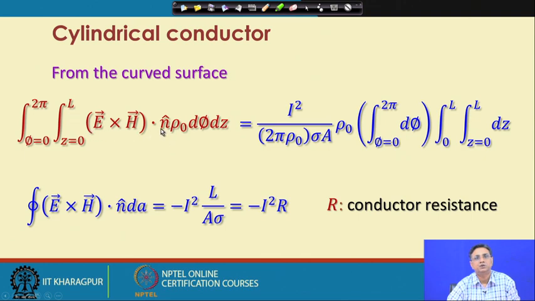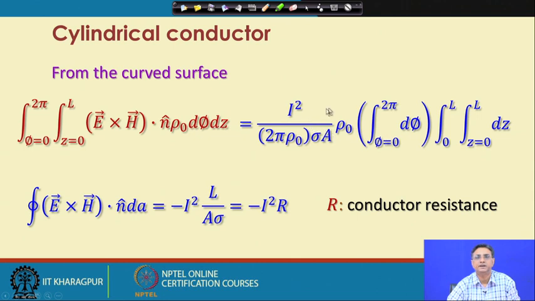The elementary area in cylindrical coordinates is rho d phi dz, and the remaining quantity is a constant.